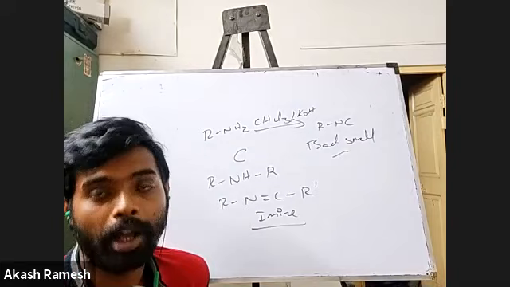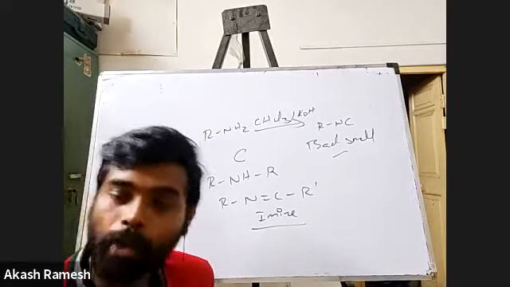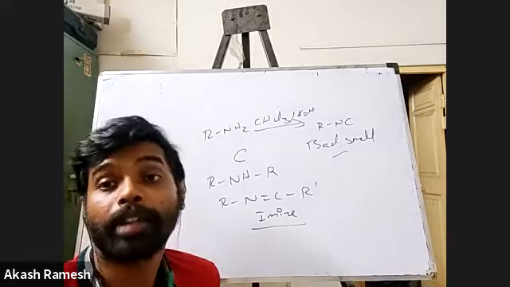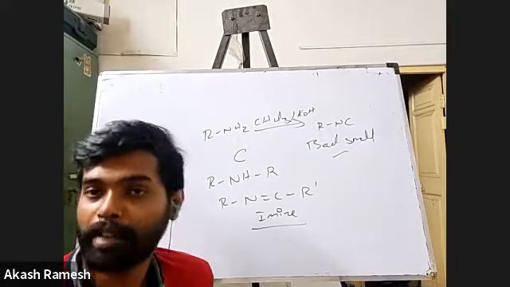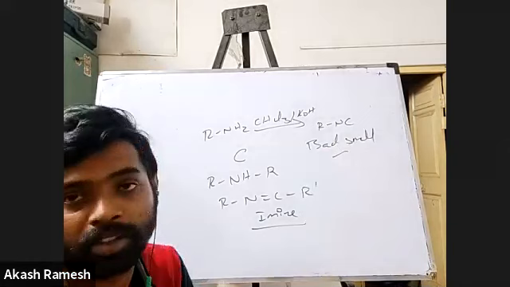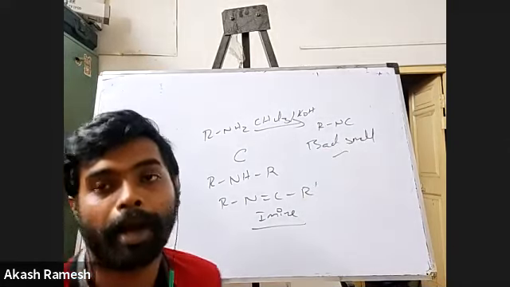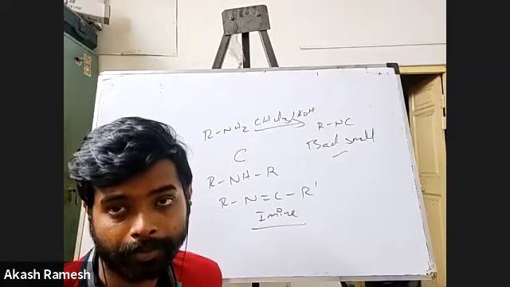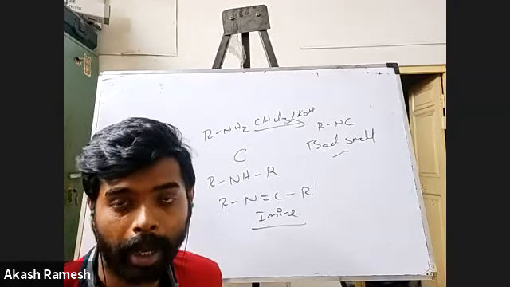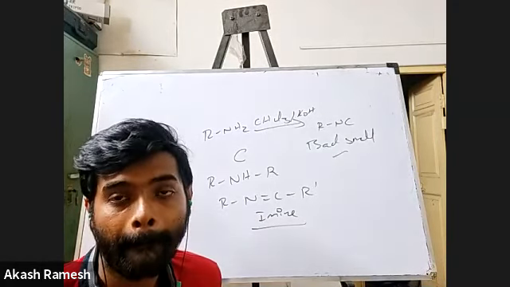If the nitrogen is in between two alkyl groups, you will not be able to insert that carbon atom into the nitrogen. And obviously, even if you insert, it is not going to form isocyanide. Isocyanide only will have a bad smell. Is your question okay? Did I answer your question? Yes, sir. Okay, fine, good.